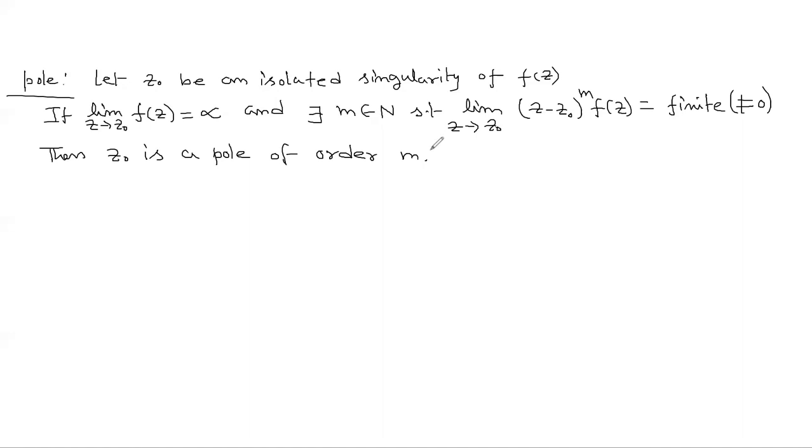Now, if m is equal to 1, that means it is a pole of order 1, then z0 is called a simple pole.